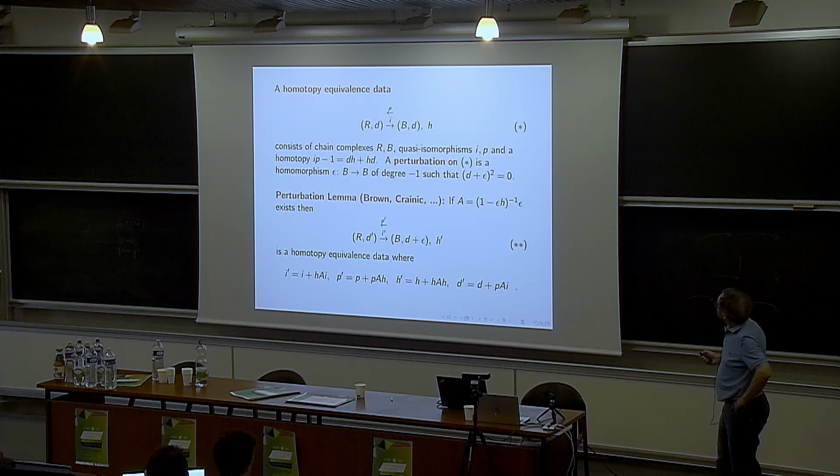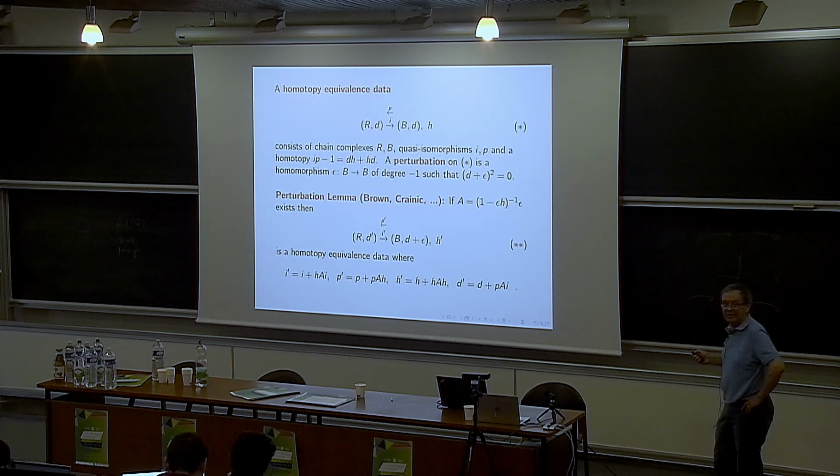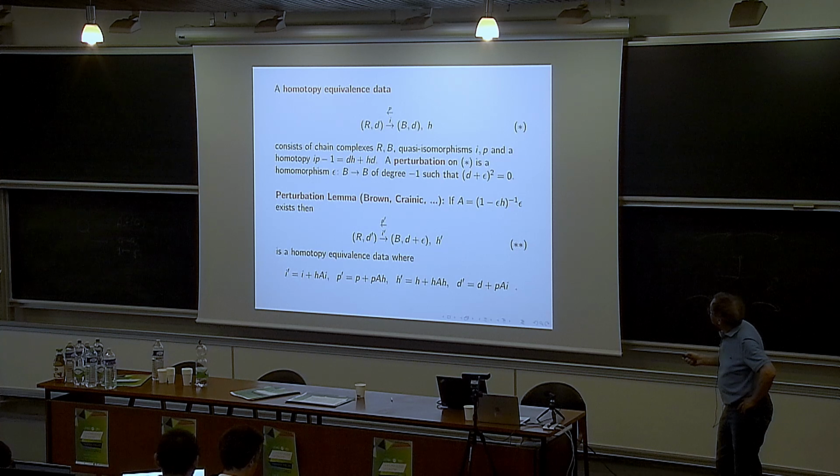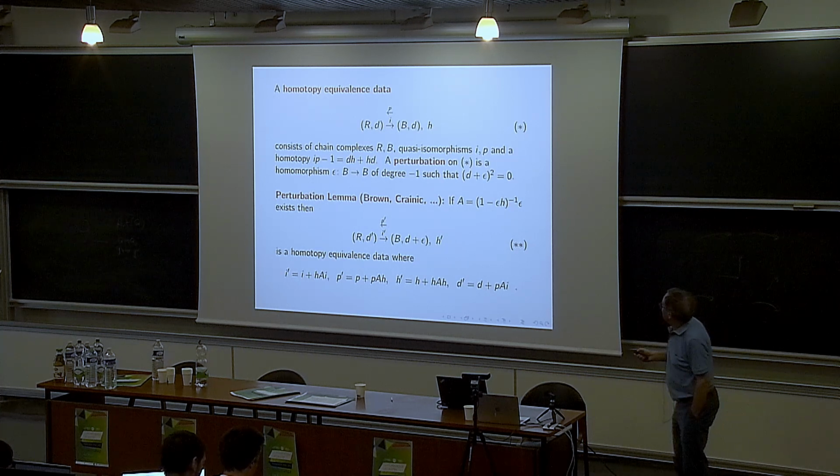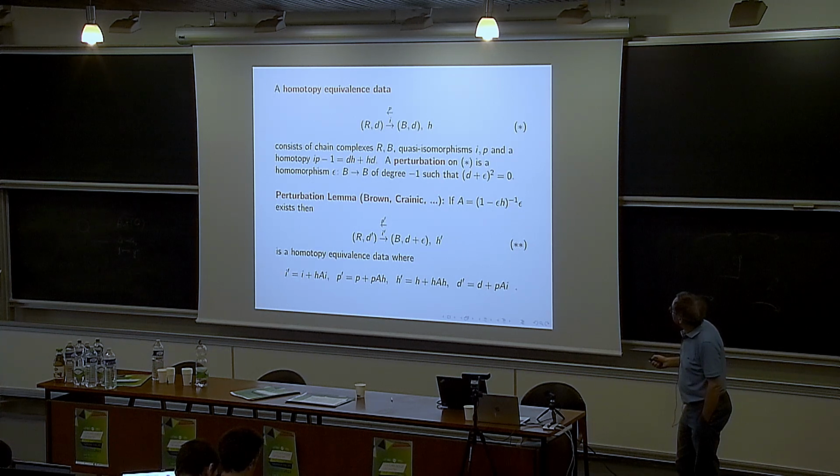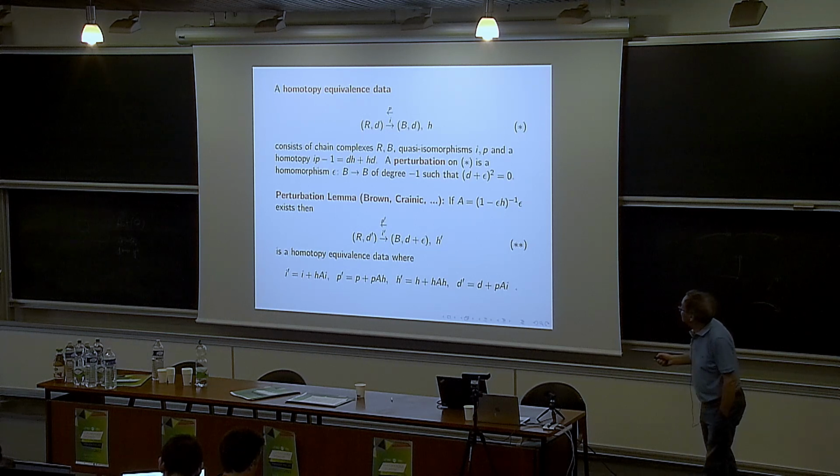If the following exists, you can think of this formally as being kind of series, and if you can take the inverse of this, in some sense, if this condition exists, then you get a chain homotopy equivalence between the perturbed big chain complex and some perturbation of the small one.